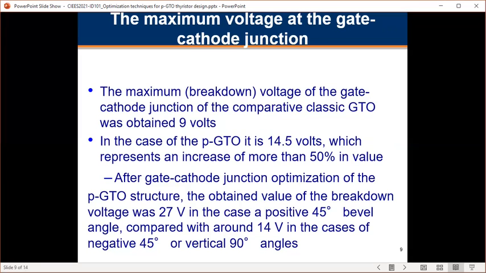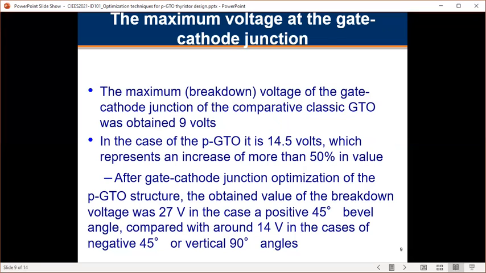And then what we did is replace in that circuit the classic GTO with the new P- GTO, and we obtained a maximum breakdown voltage of 14.5 volts, which represents an increase of more than 50% in value.